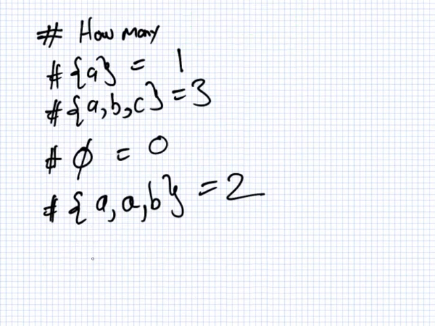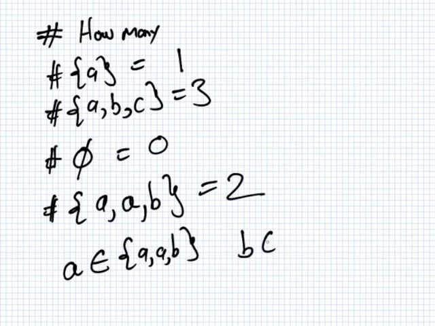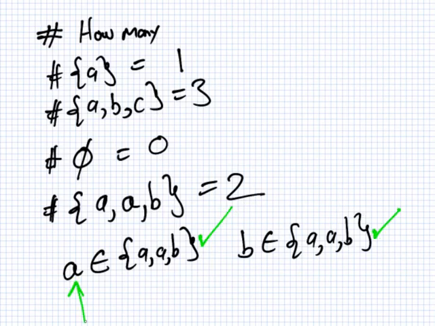Because this set here, you have A is an element of {A, B}, and B is an element of {A, B}. Have I missed any elements? Oh, I've already done A. A is an element, B is an element, so there are 2 elements in the set.